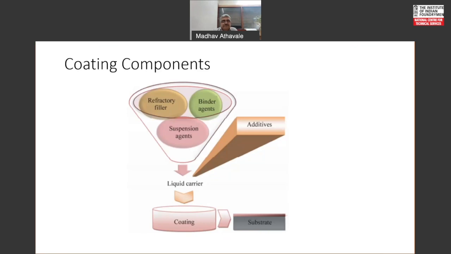That is what the additives do. So again, refractory fillers, binding agents, suspension agents, liquid carrier, and then you have your additives. This is what comes from coating and goes on to the substrate, which is your mold or core surface.